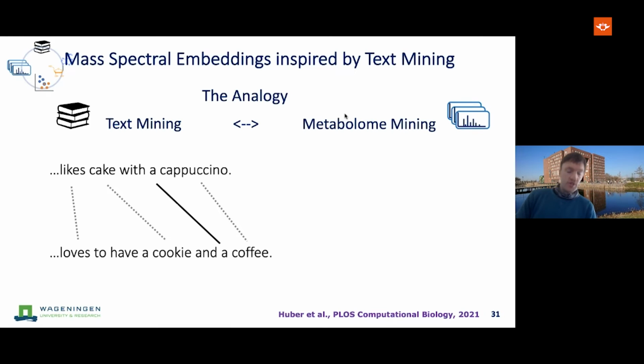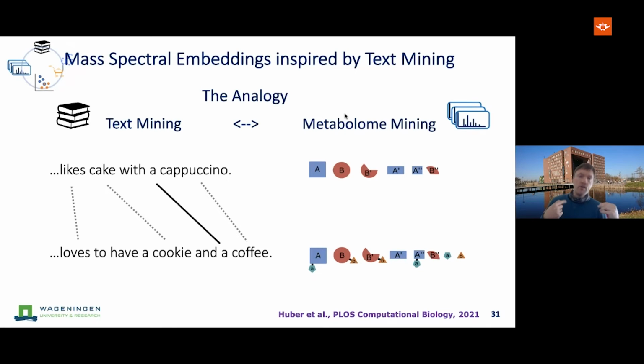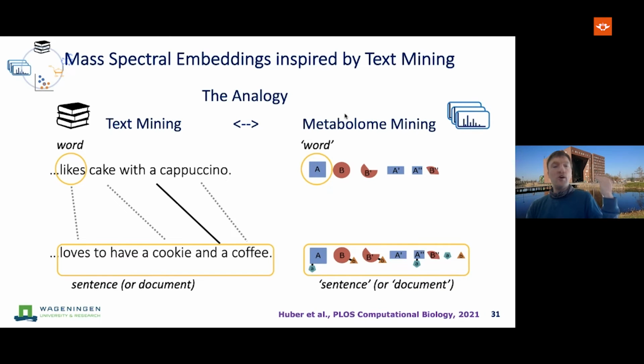So in other words, can we find out using machine learning, there are algorithms that can find out that likes and loves mean roughly the same thing, and cake and cookie are also similar, not the same but similar, etc. And now the idea was, can we use that also to do that for fragments? So again, a word is then a fragment, and the sentence becomes the whole spectrum. And then we want to be able to assess if a fragment, even though it's not exactly the same, like A prime, but almost the same, can we find a way to establish that relationship?